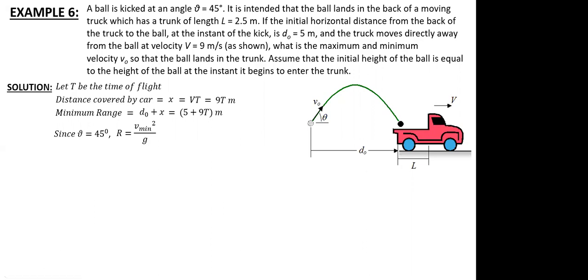So as per the formula for range at 45 degrees, we have V min square by G. That is the formula. This range and this range both should be equal because it is completing a projectile.